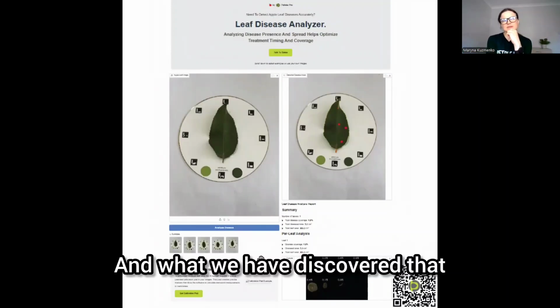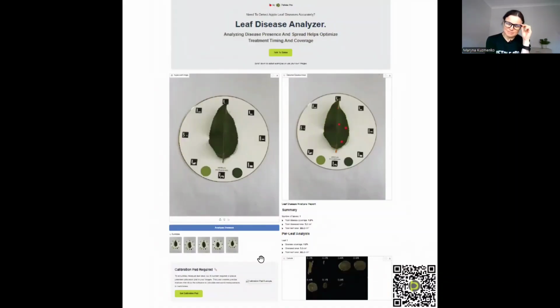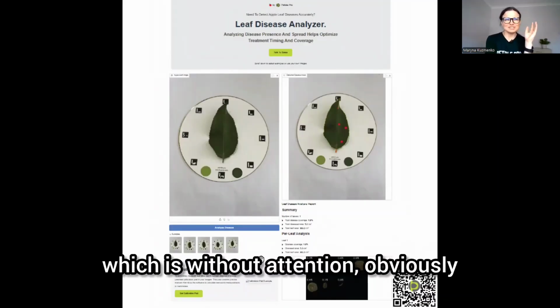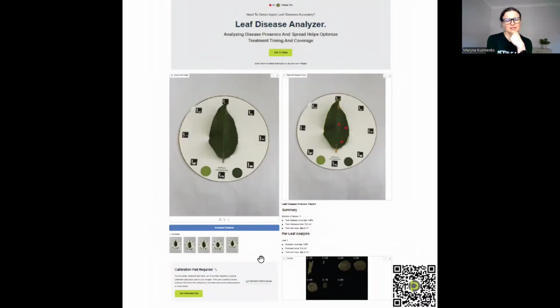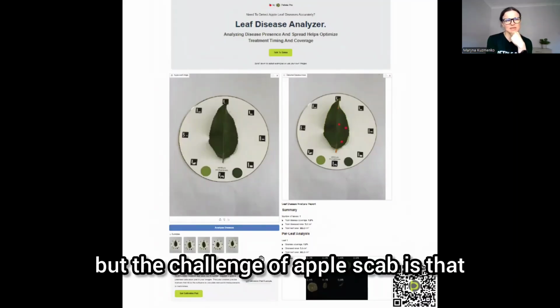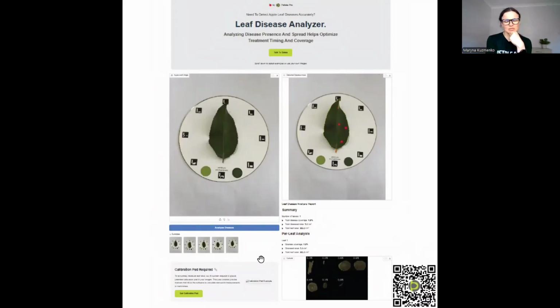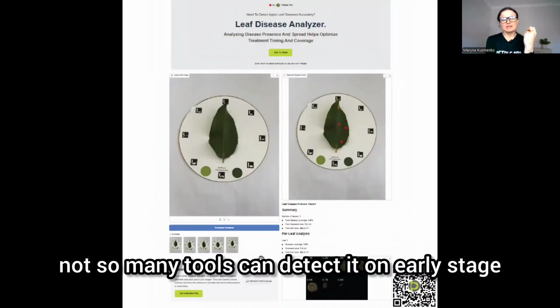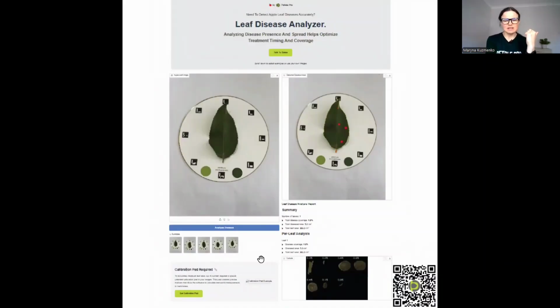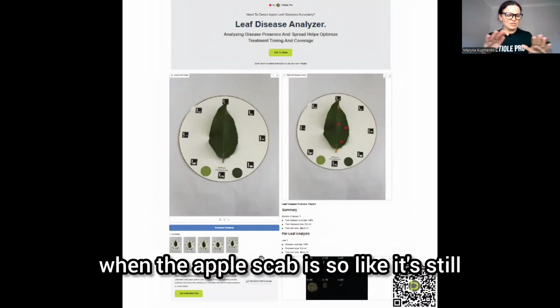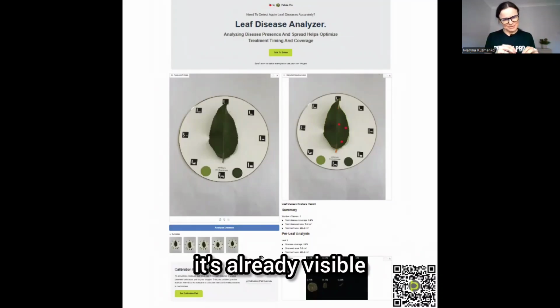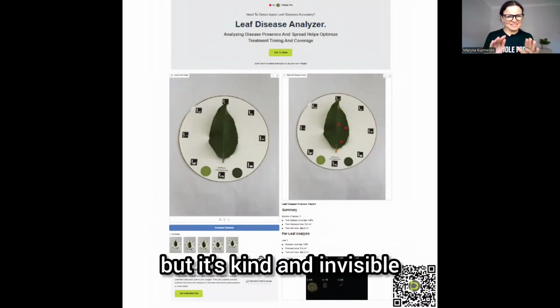And what we have discovered is that there is quite a lot of available information about apple scab. It's not a disease without attention, obviously, because of its economic price. But the challenge of apple scab is that not many tools can detect it at an early stage, when it's already visible but kind of invisible.